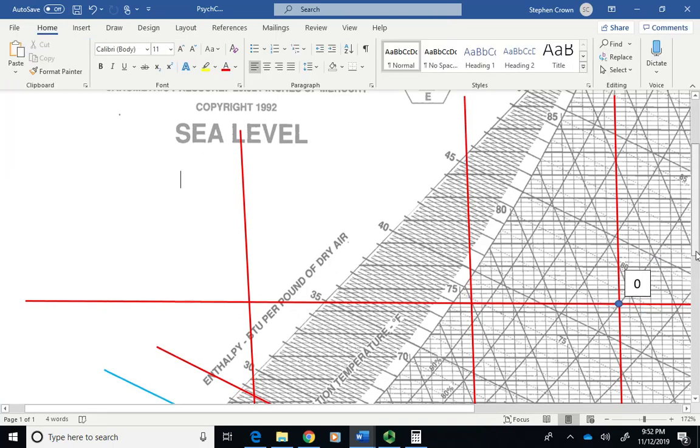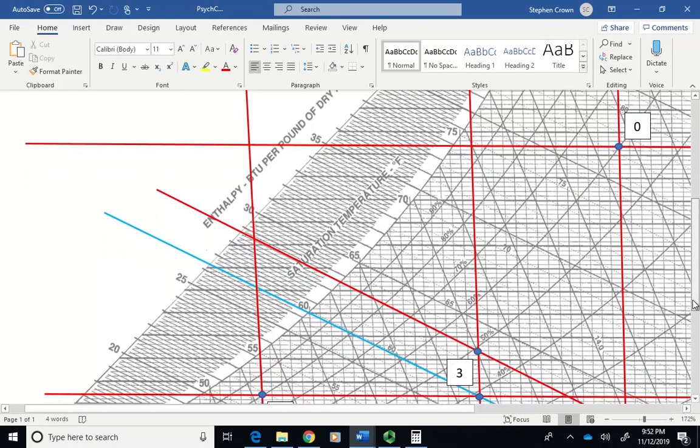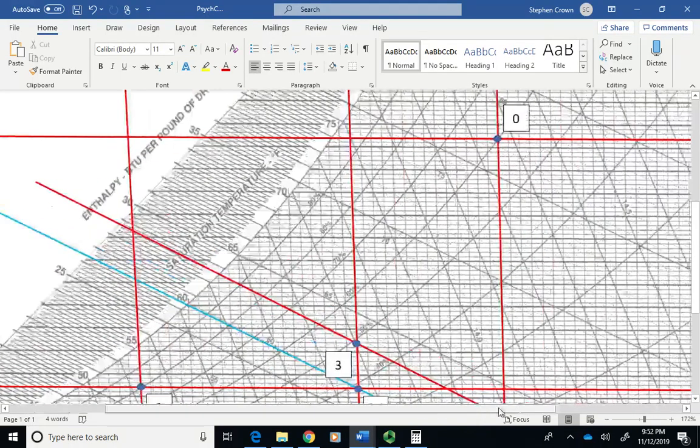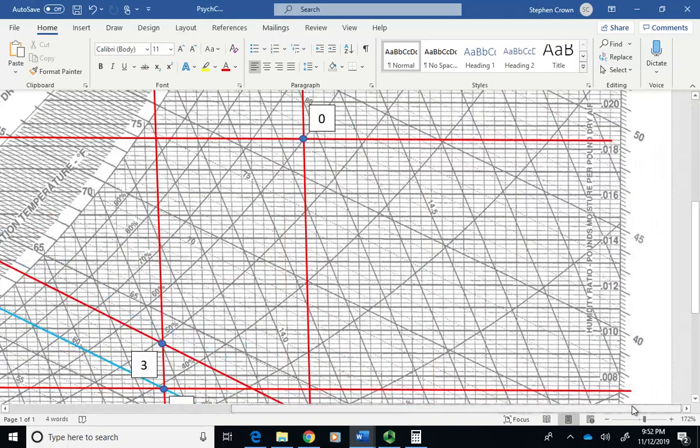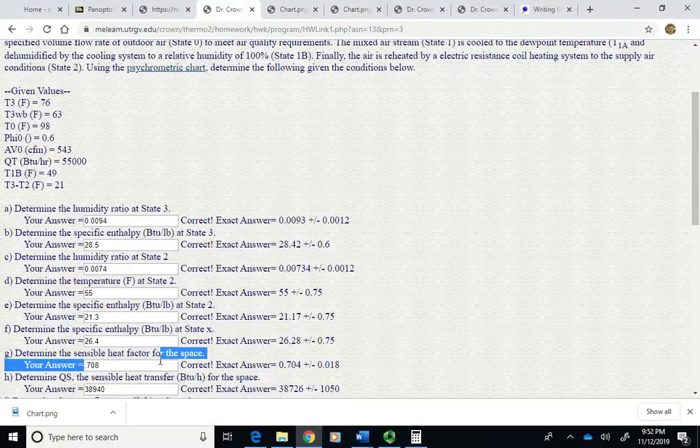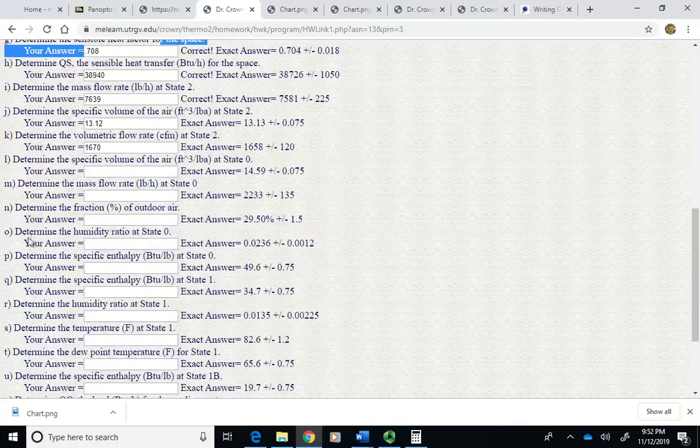Okay, and I want a few things for that. I think I want the humidity ratio. So that looks like 0.0184. Humidity ratio.